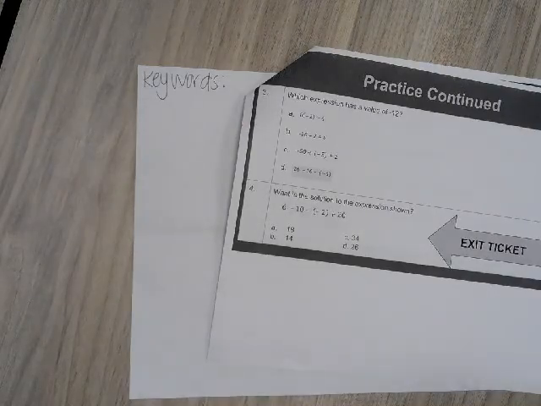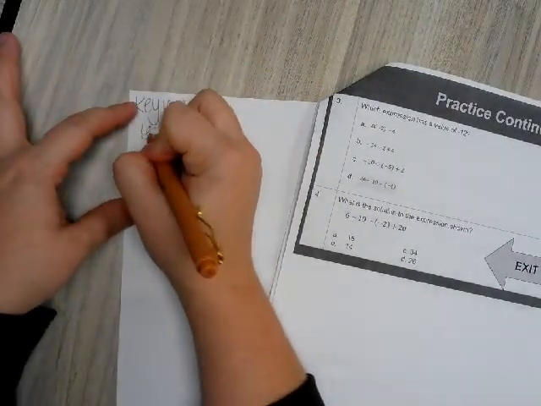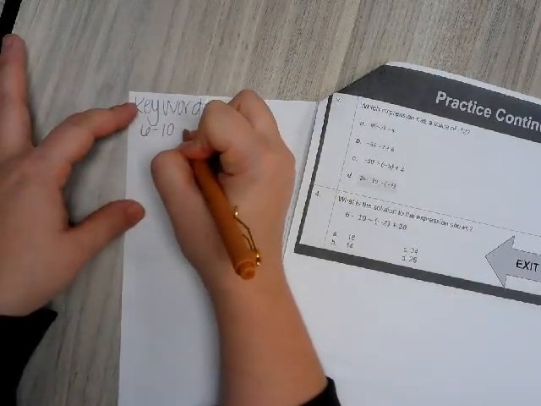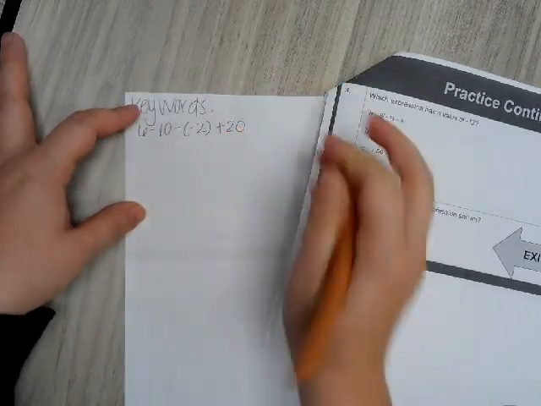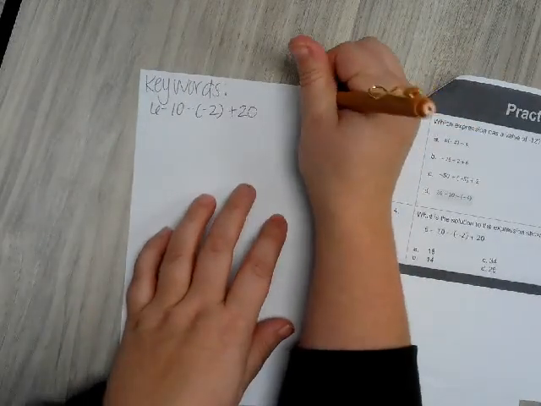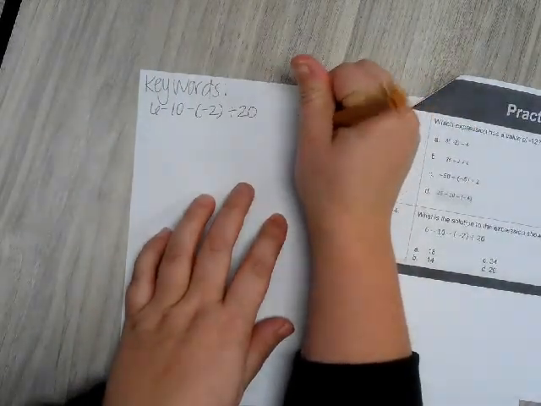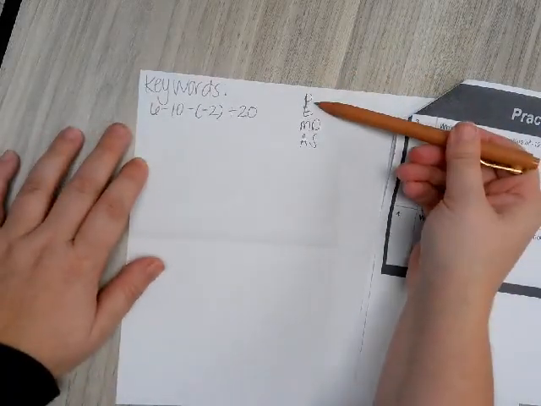So my problem is 6 minus 10 minus negative 2 plus 20. I have more than one operation, so I'm going to write my PEMDAS. I do not have any operations inside my parentheses.